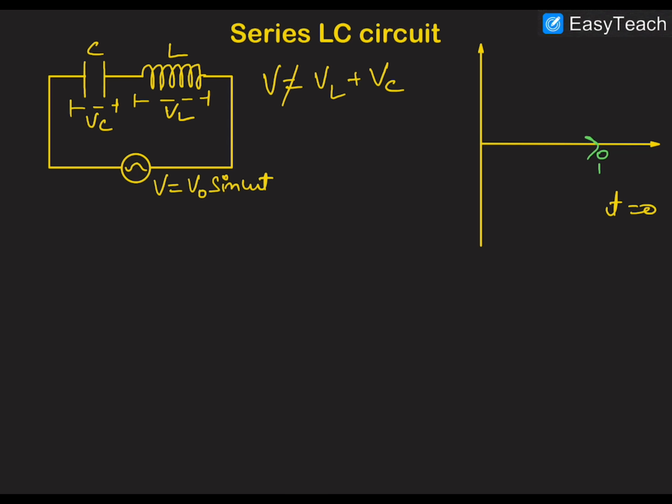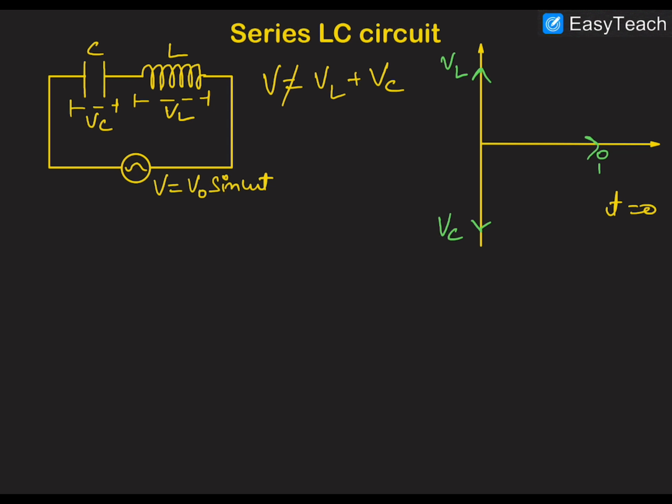The voltage across the inductor is ahead of the current by a phase of pi by 2, so we will be drawing VL over here like this, and the voltage across the capacitor is behind the current by a phase of pi by 2, so we'll be drawing VC here.